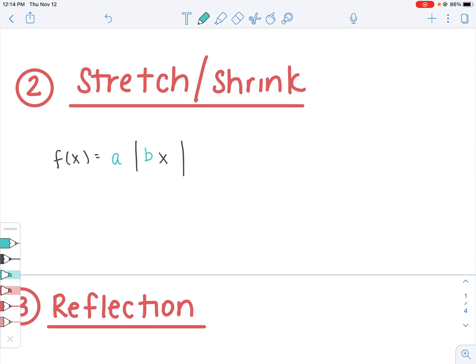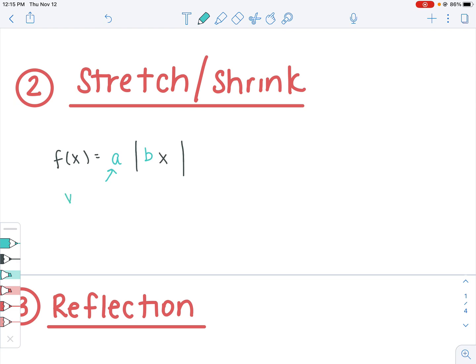Both of these would be considered stretching and shrinking. They're going to be my next step. So after I move left or right, then I'm looking for any numbers that are multiplying in order to perform those transformations.